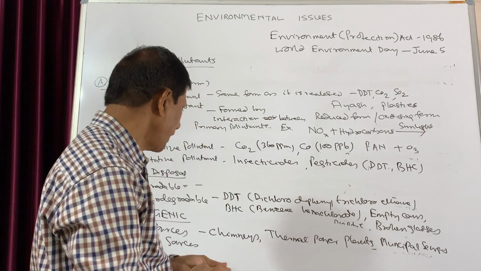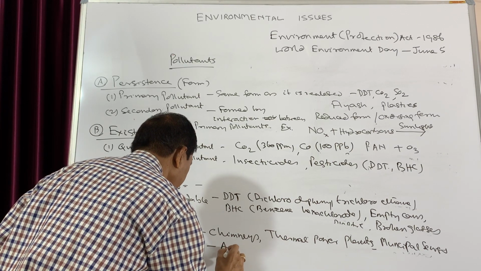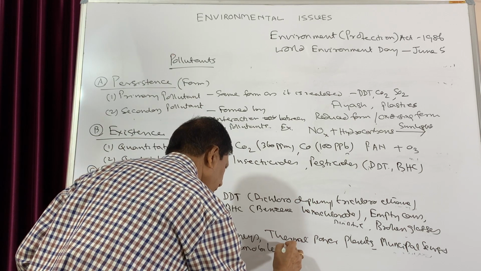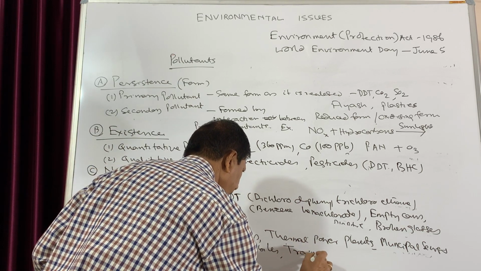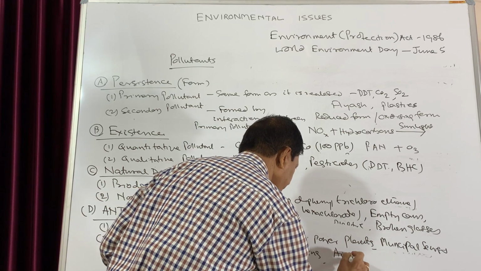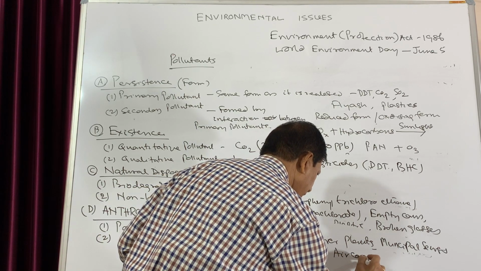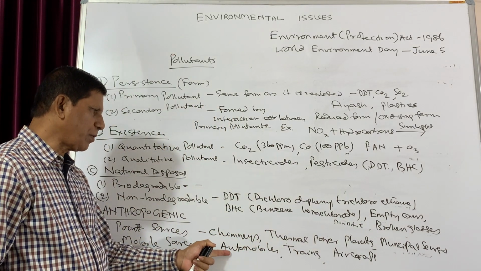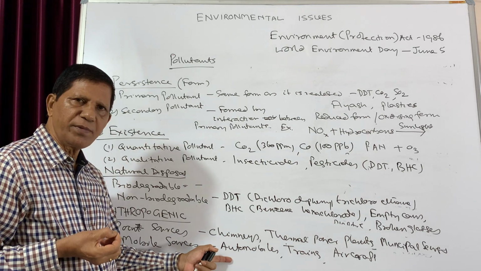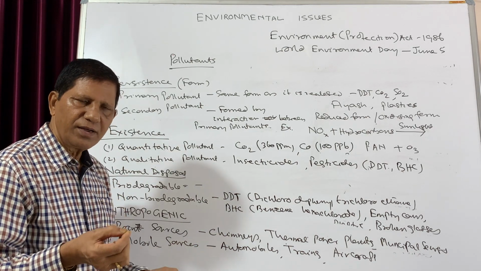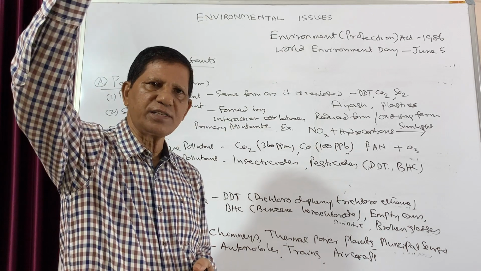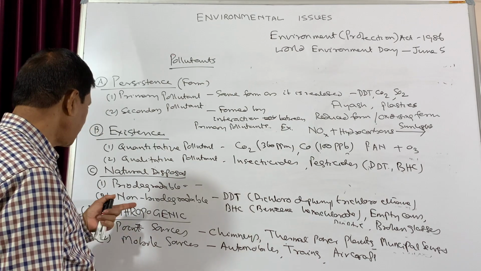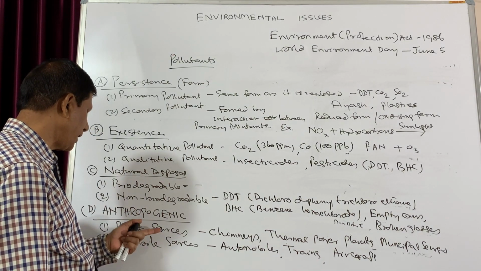For example, automobiles, then trains, then aircraft. These come through a very narrow jet, but the pollution can be caused over a long distance because these are all running vehicles.